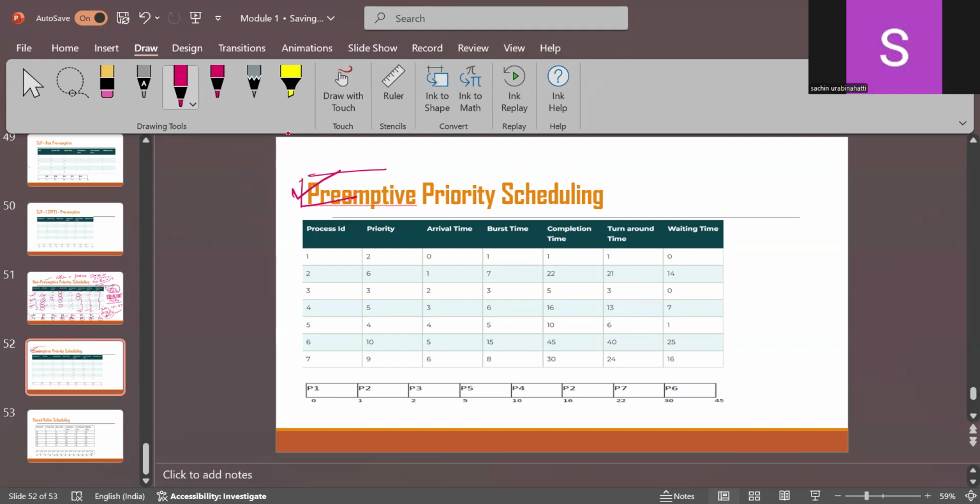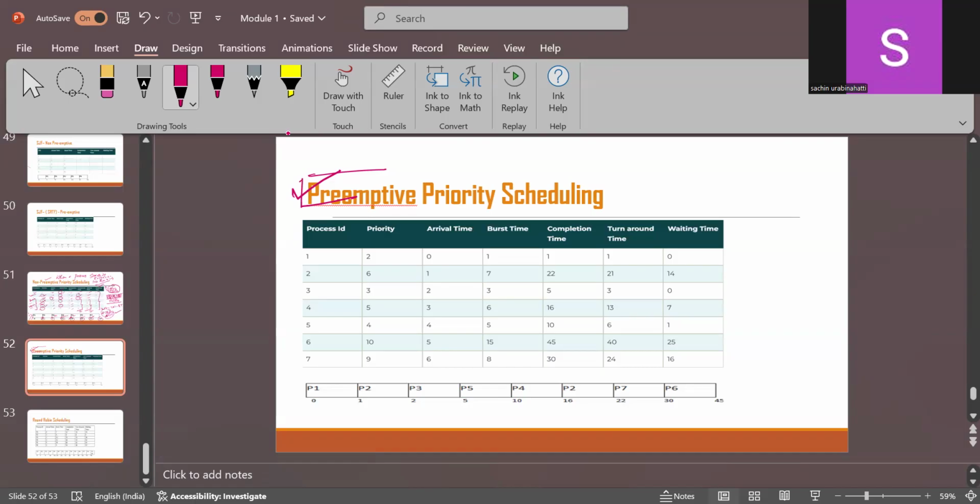Preemptive nature means, if a process is currently executing and any other higher priority process comes into the queue, the current one will be terminated and the CPU will be given to the other process. If a process has been forcefully stopped in between, we call it preemptive. That's what we discussed in the previous videos.